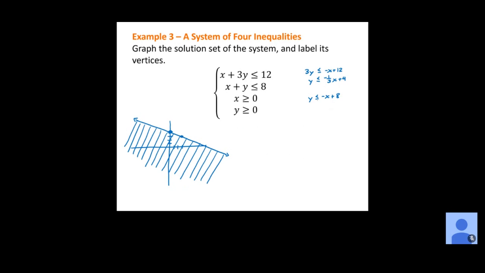Okay, so now I'm going to graph the y less than or equal to -x plus 8. So I need to go all the way up to 8 this time. Give us a point up here. Slope this time is -1. It's like -1 over 1. So I'm going to go down 1 over 1. 1 over 1 puts us right here.